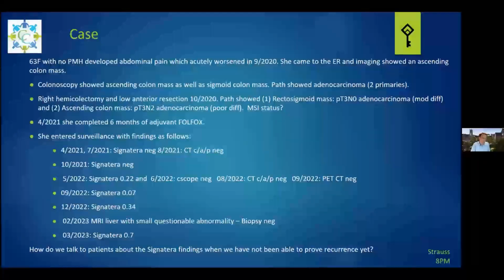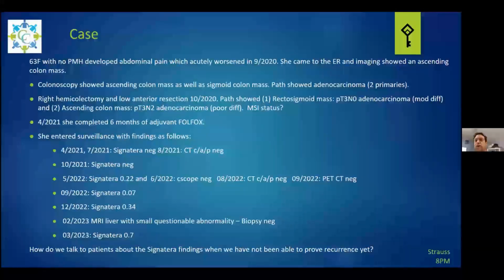I'm curious. I chose this case, and I've had patients who've had positive Signateras in surveillance that have ended up being tumors, recurrent disease. But I chose this case because it brings up this middle patient where the Signatera is positive, and it's hard to know what to tell them. They're probably recurring, but I don't see anything, and they're anxious because they want to do something about it, but I can't treat them. I don't see any disease.